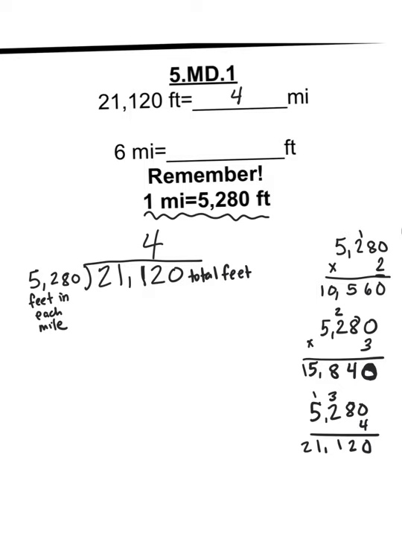Now, part 2 of the problem asked me to do something else. 6 miles is equivalent to how many feet? So for this one, I'm going to take my 5,280 and multiply it by my 6 miles. And so my answer will be my total number of feet. 6 times 0 is 0. 6 times 8 is 48. 6 times 2 is 12.